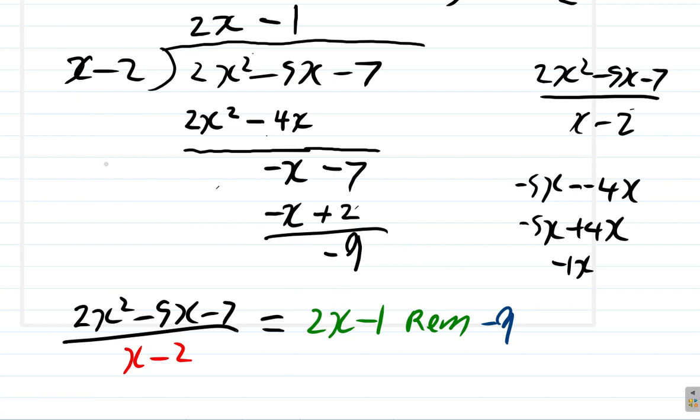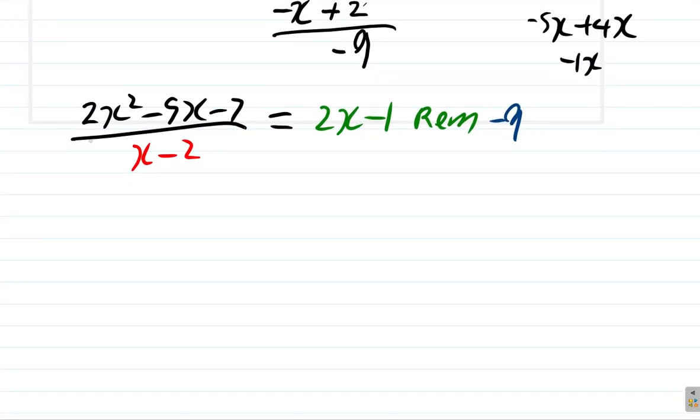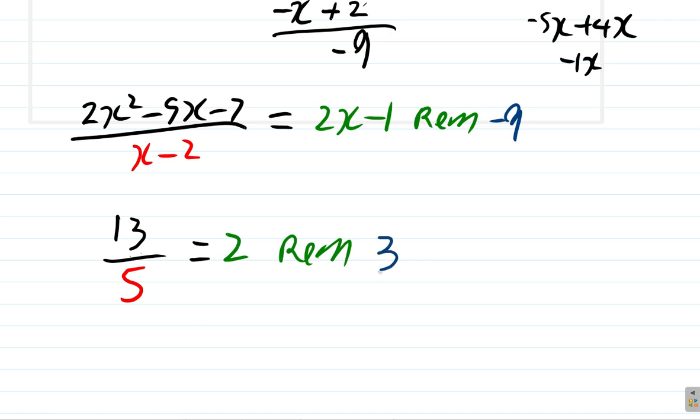Now, let's compare this with something else. Suppose you had 13 divided by 5 equal what? 2, and the remainder is 3.